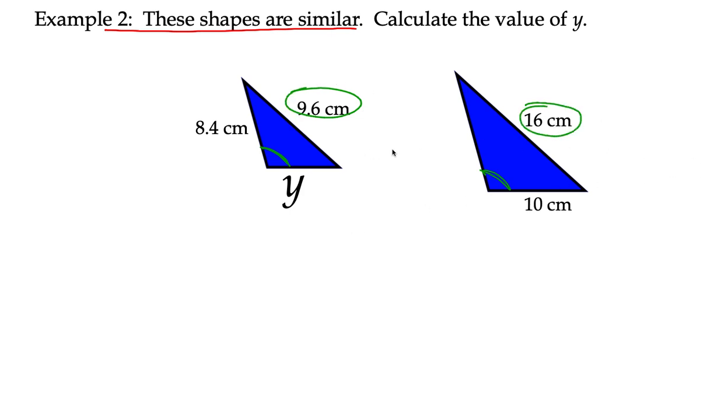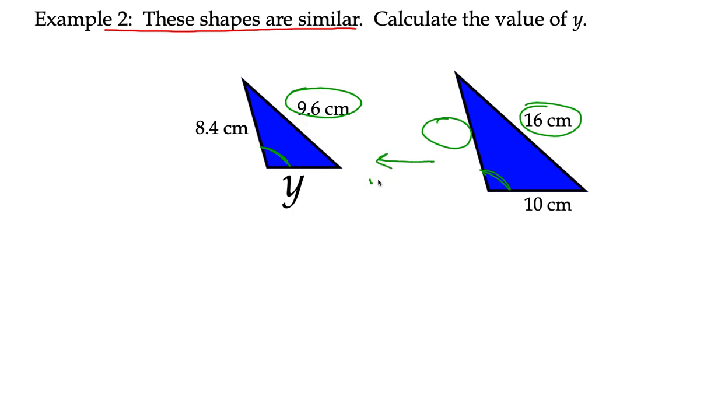Now that's the only matching pair that we've got. You notice we don't have the side that goes with 8.4. We don't know obviously what y is. So we're looking for a matching pair. We've got 9.6 and we've got 16. So we can say, now look at where y is. Y is on the small shape.